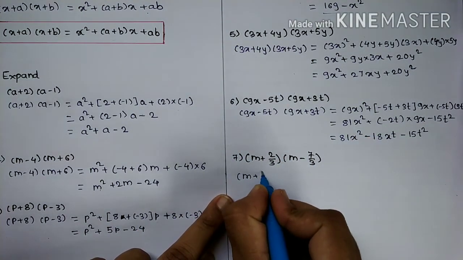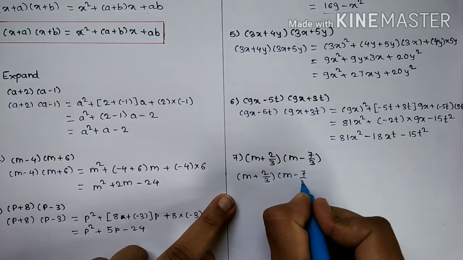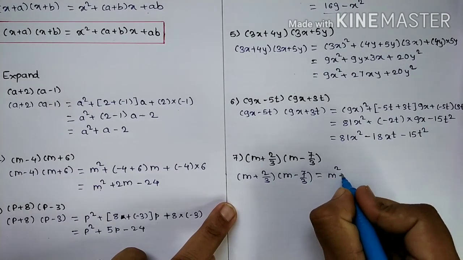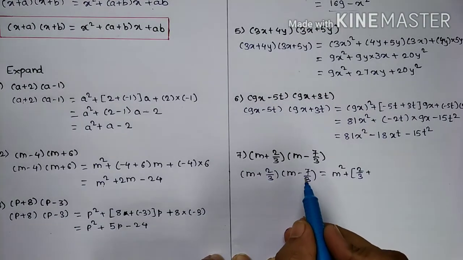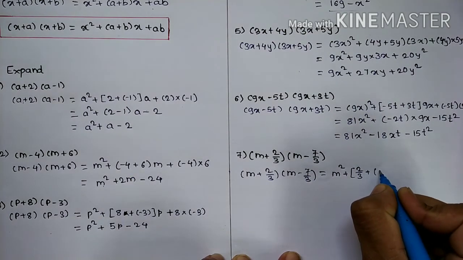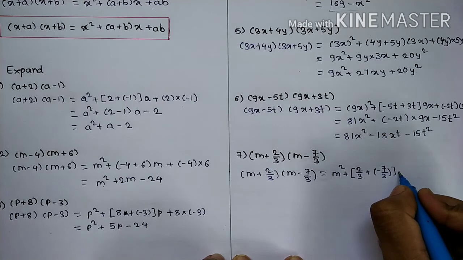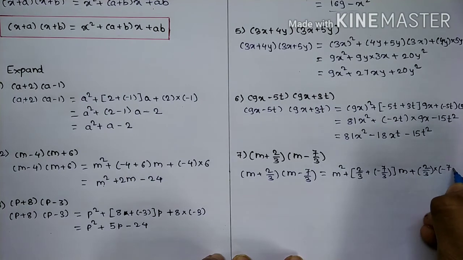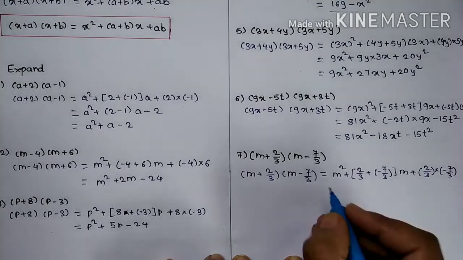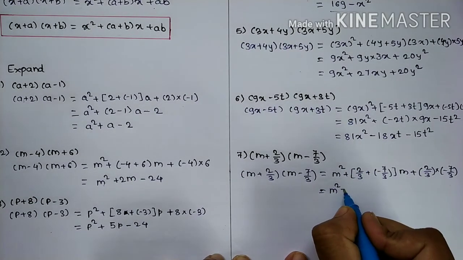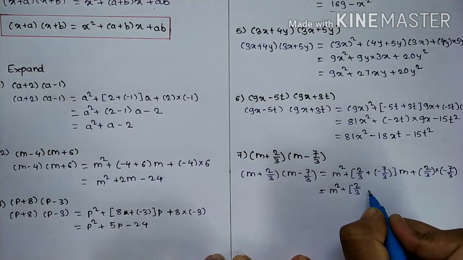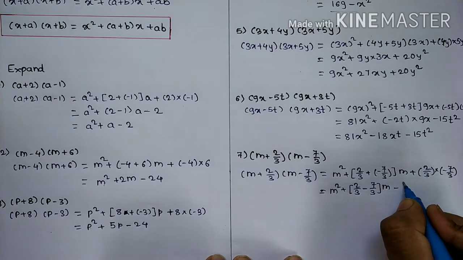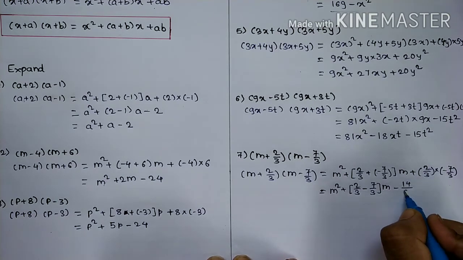Write down (m plus 2 upon 3) into (m minus 7 upon 3) is equal to m square plus a is 2 by 3, b is minus 7 upon 3, it is minus 7 upon 3 into m plus a into b, that is 2 upon 3 into minus 7 upon 3 is equal to m square plus 2 upon 3 plus into minus is minus 7 upon 3 into m minus 2 7s are 14, 3 3s are 9.